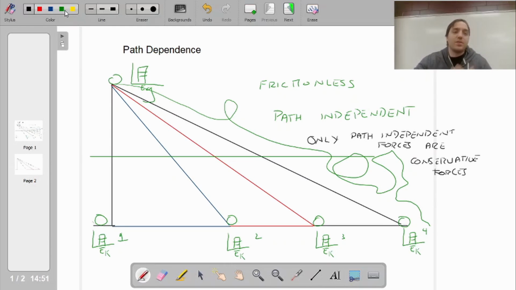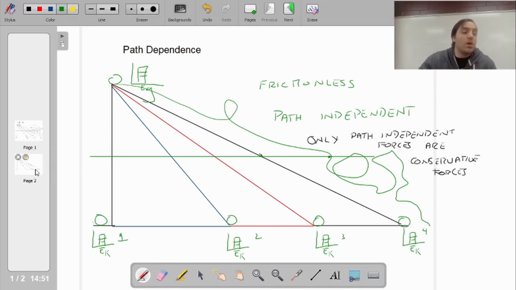This also brings us back to the idea that the amount of Eg is the same at each height. The amount of Eg I have here is the same amount as I have here, and I have here, and I have here. Because the amount of work done to get from that point, either from the ground up or from the peak down, is the same. At the same height above the ground, you have the same amount of Eg.